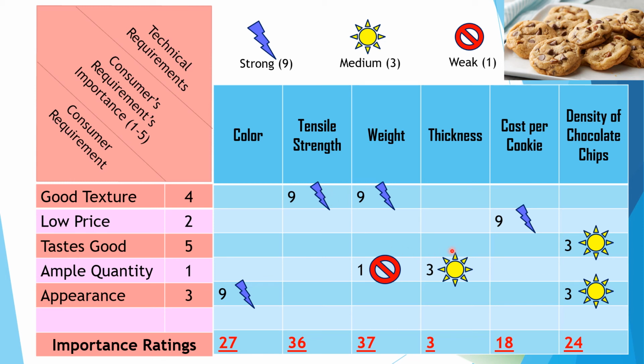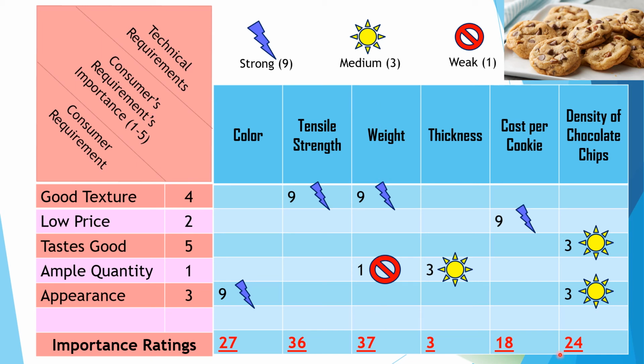Over here, the ample quantity and the thickness have a medium relationship, so we've given this symbol and numbered it 3. And then we have the ample quantity and the weight, which has a weak relationship.